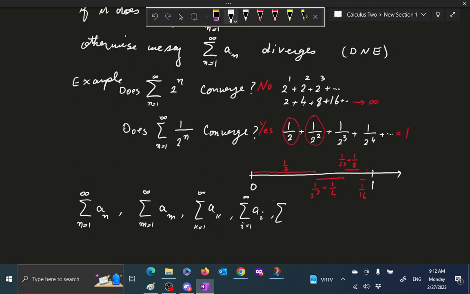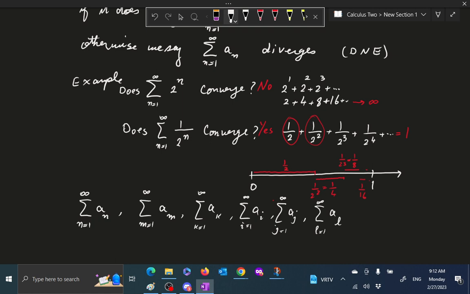These are all saying the same thing. These are conventional ways of counting the whole numbers, 1, 2, 3, and so on.